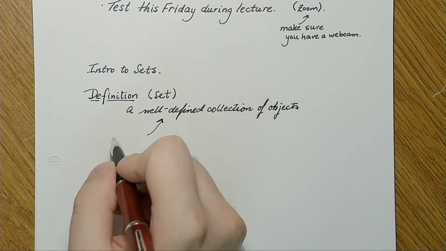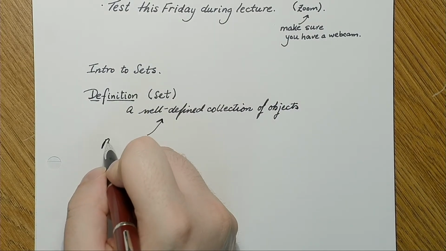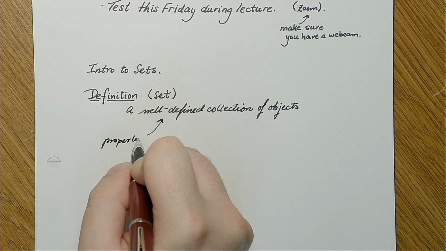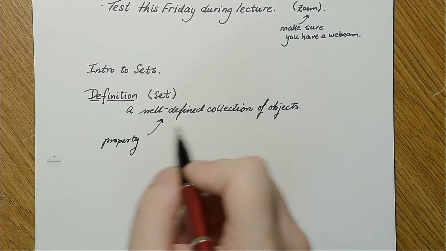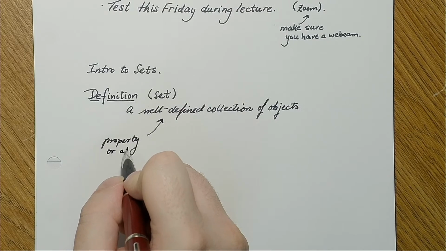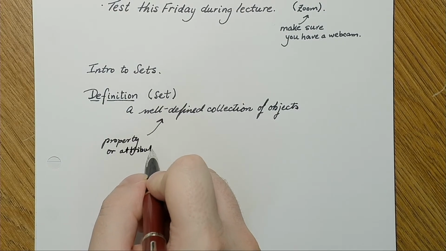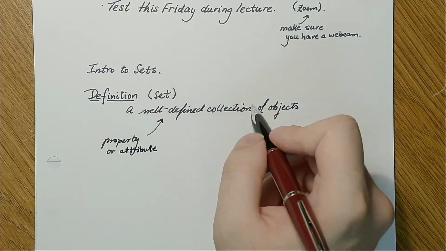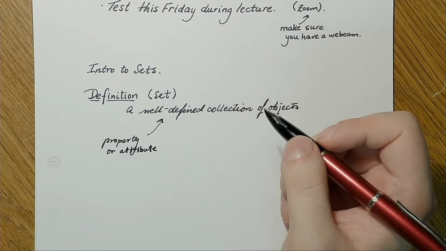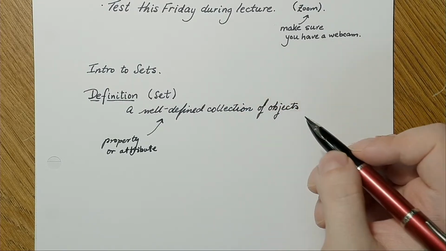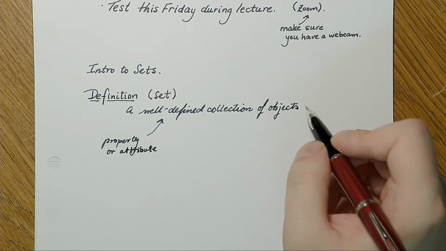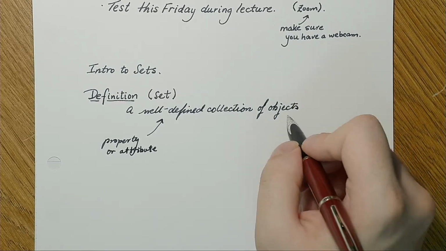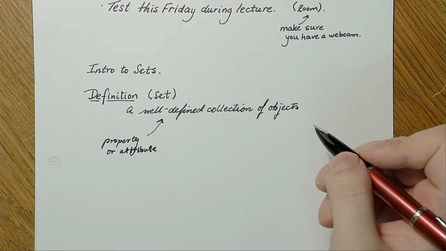Well-defined means that there's some sort of property or attribute that this collection or roundup of objects or things all share in common.